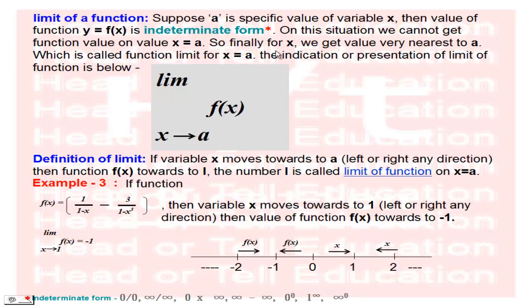So for x we take a value very near to a, which is called the function limit for x equal to a. The presentation of the limit of a function is like this: limit x tends to a of f(x).